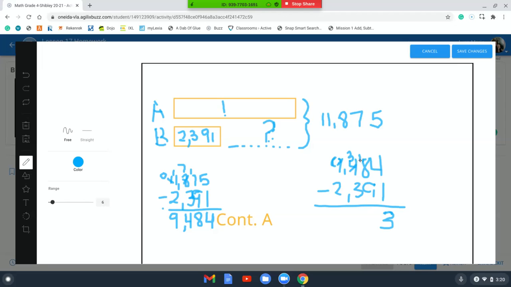So 18 minus 9 is 9. 3 minus 3 is 0. Okay, and here is my comma because I'm grouping together my 3 place values. 9 minus 2 is 7.